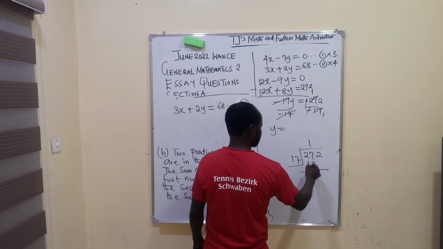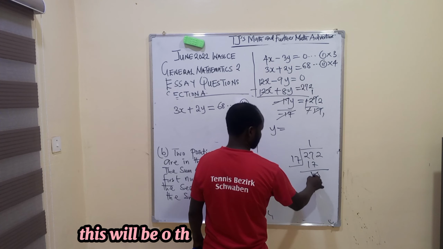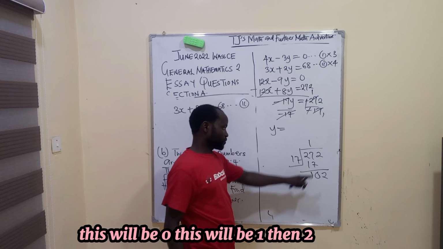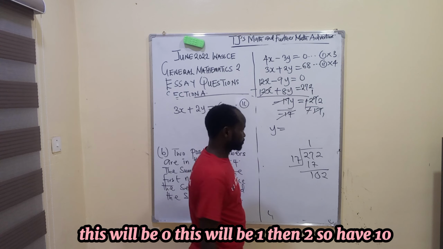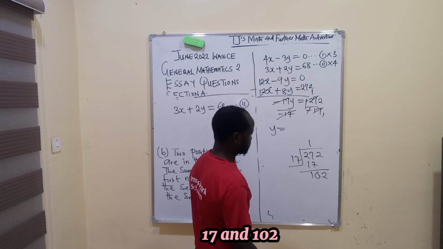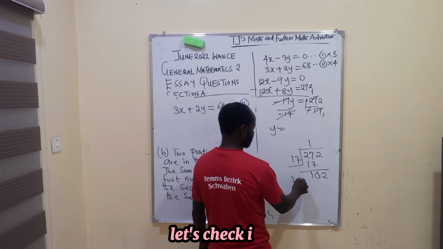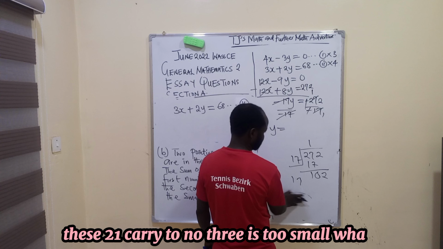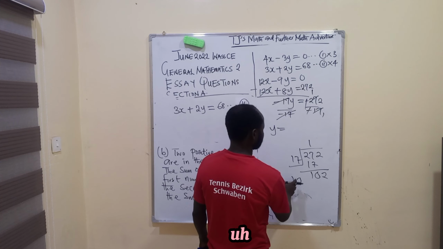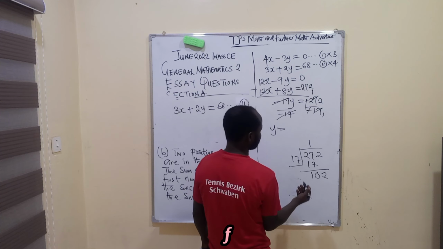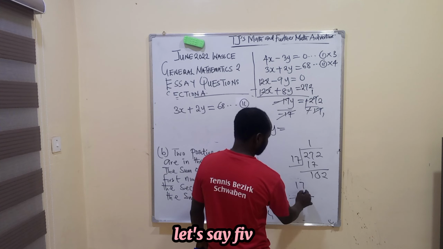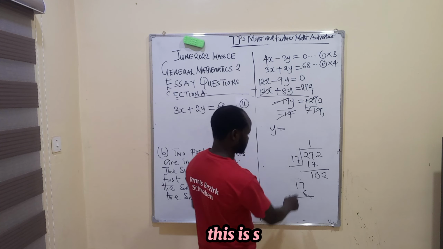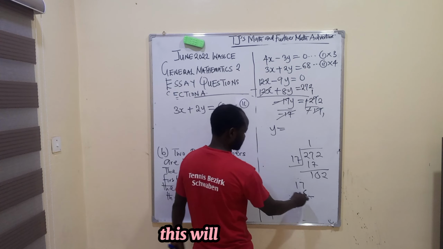We multiply back, and we have 17. Then 102. 17 into 102. Let's check. If we say 3, 3 times 17 is 51, which is too small. Let's say 4, no. Let's say 5, no. Let's say 6: 6 times 7 is 42, 2 carry 4.